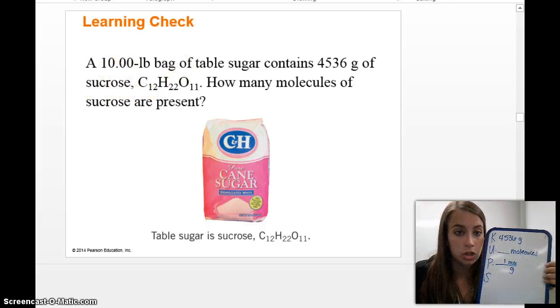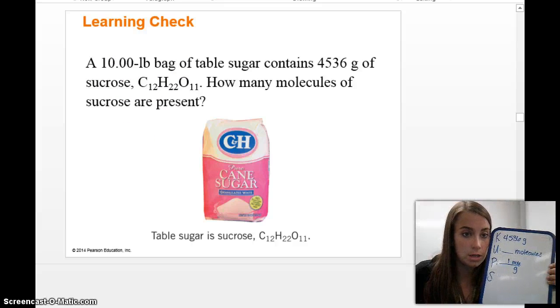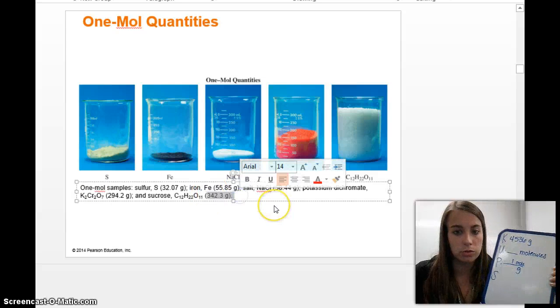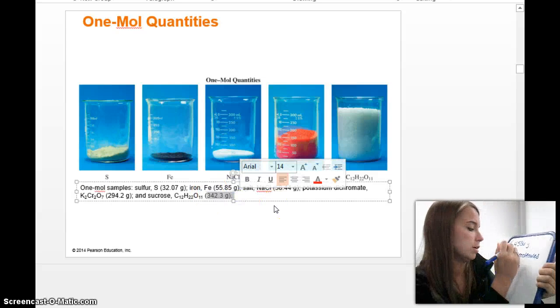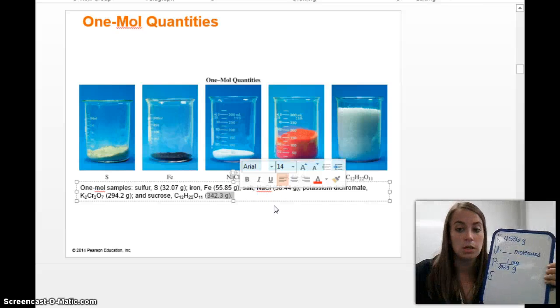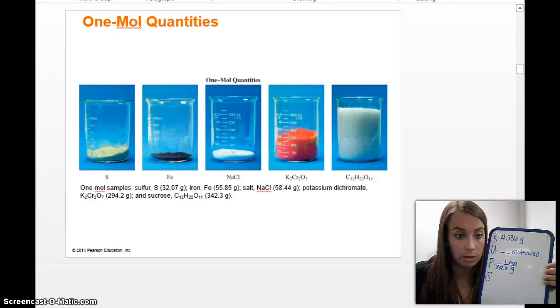I'm going to cheat and look further up in our slides, because we probably talked about the molar mass of sucrose, but you could calculate it. This slide shows us that the molar mass of sucrose is 342.3 grams.